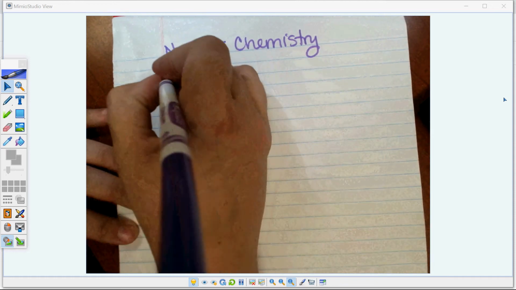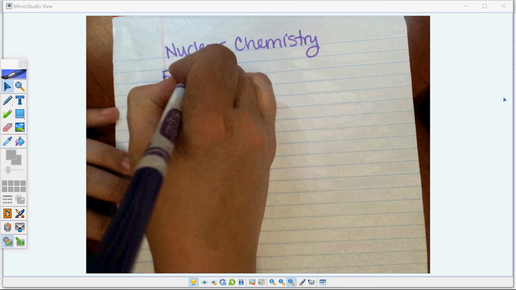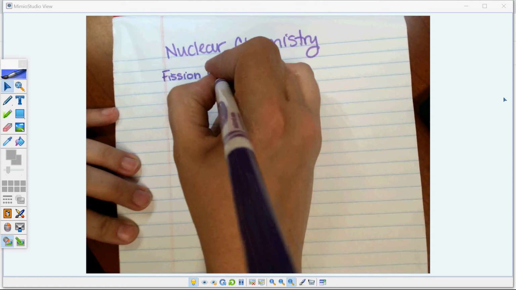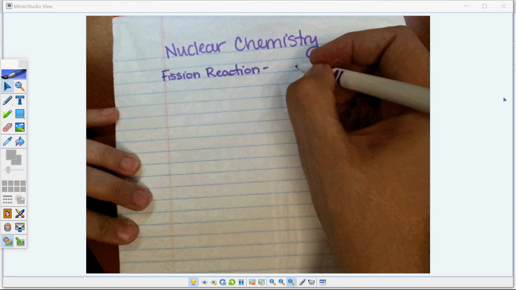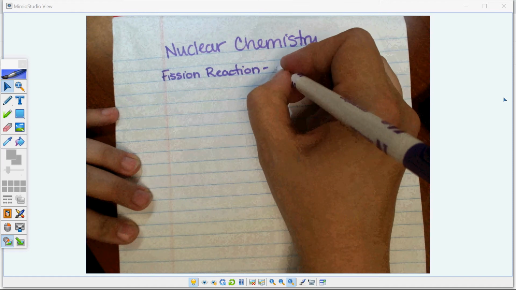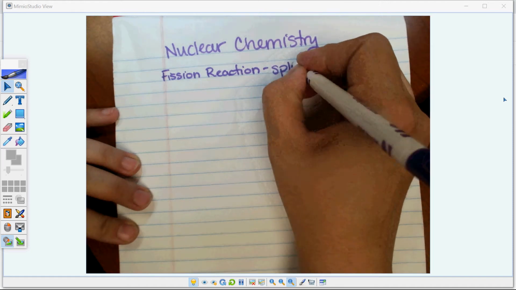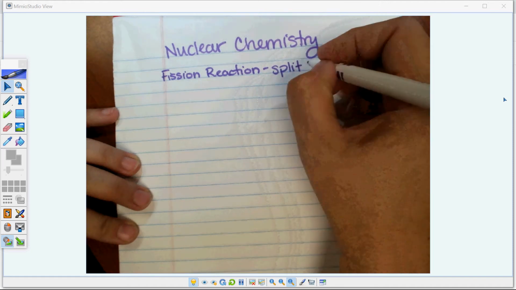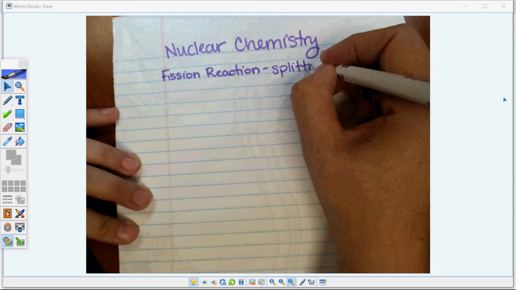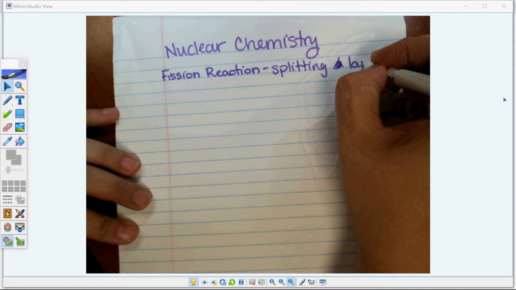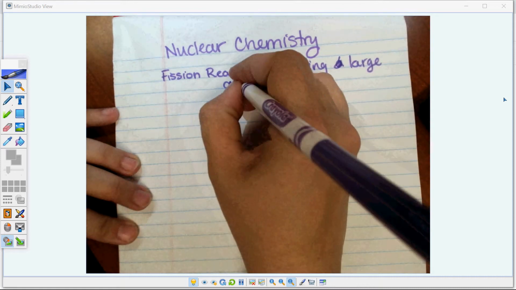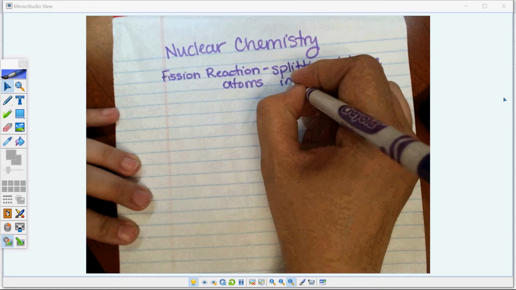So first, we have what's called a fission reaction. Fission reactions are what happen when large atoms split into lighter ones.